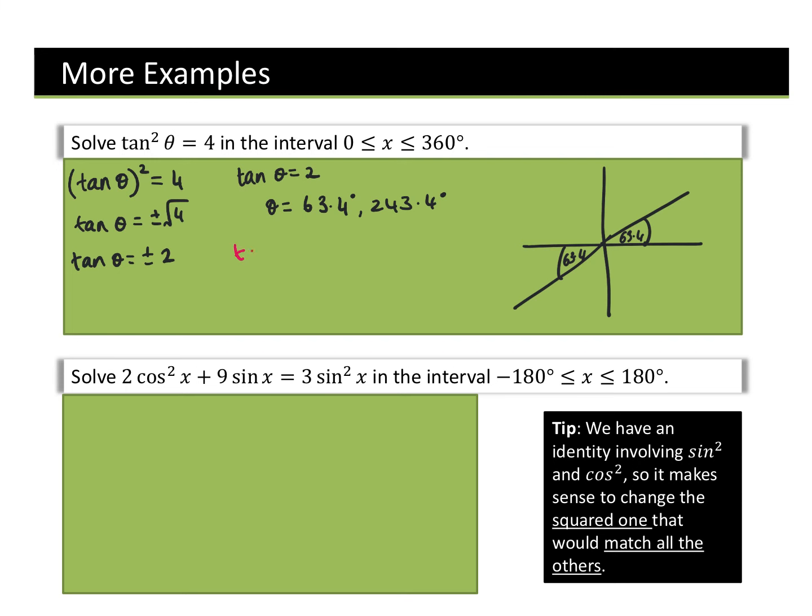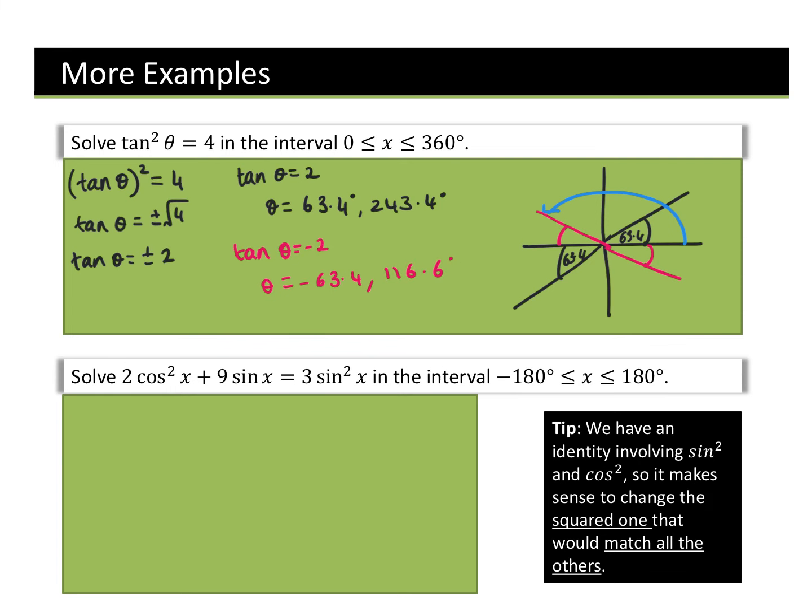Now for my second angle, I have tan theta equals -2. So shift tan -2. My answer is -63.4. It's going to reflect this here. And here's my angle again. And then if I start at 0 and go all the way round, the first time I hit it is 180 minus 63.4. 180 minus 63.4 is 116.6.